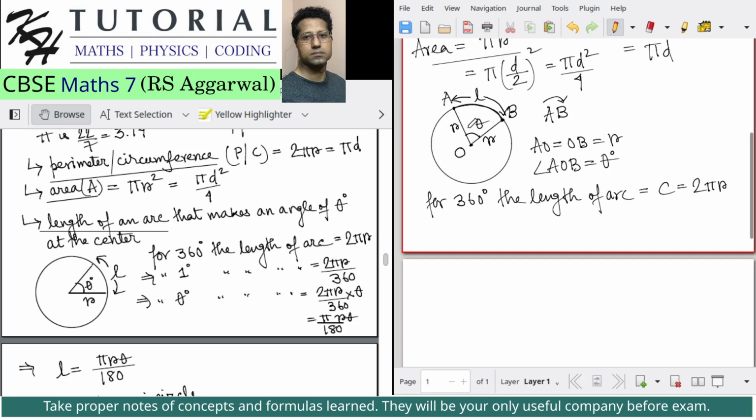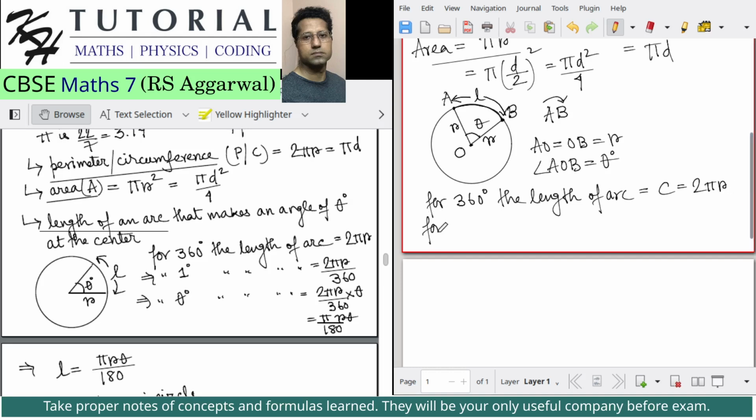So if this theta was 360 degree, then obviously the arc AB would have spanned the entire circumference of the circle. So in that case, L would have been equal to the circumference of the circle, which is 2 pi r.